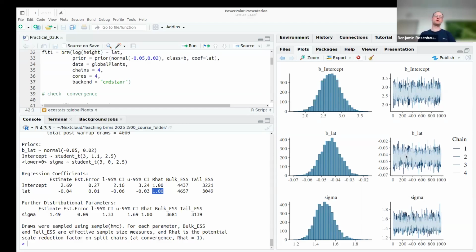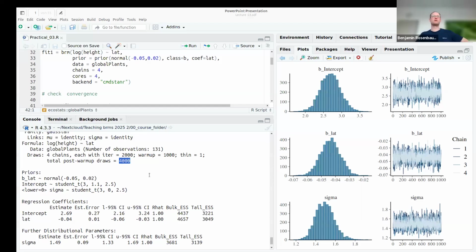If this value is close to 1, it's usually larger than 1, but here to the second digit, it is equal to 1. This means all the chains behave similarly. And also both measures for effective sample size are in the same order of magnitude as the total number of draws here. So we are confident that the MCMC converged.